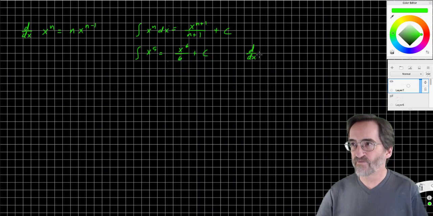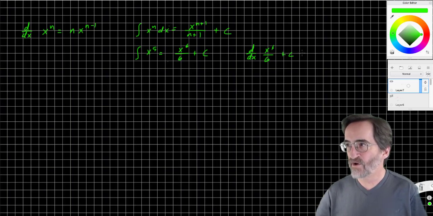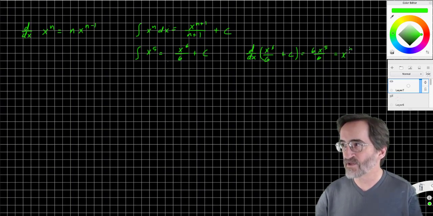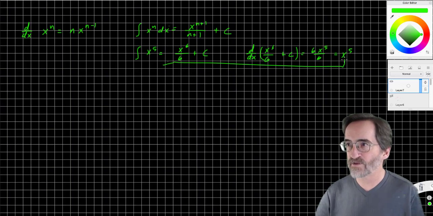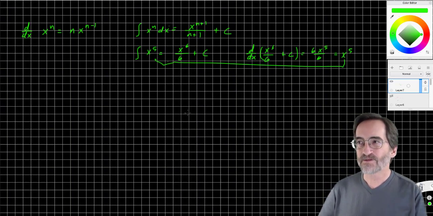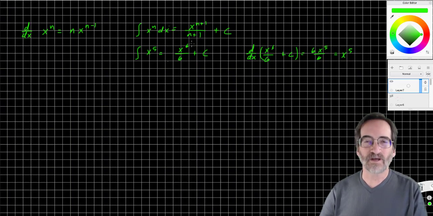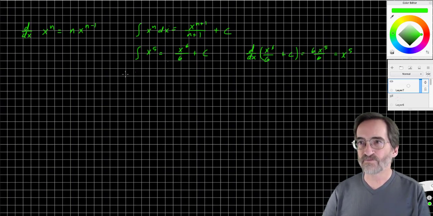The derivative of x to the 6th over 6 plus c, bring the 6 down in front, is 6x to the 5th over 6 plus 0, because the derivative of a constant is 0. The 6's cancel, leaving x to the 5th, and we're back where we started. Okay, so hopefully that makes sense. Increase the exponent by 1 and divide by the exponent increased by 1.